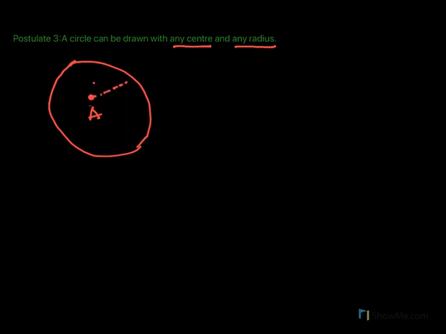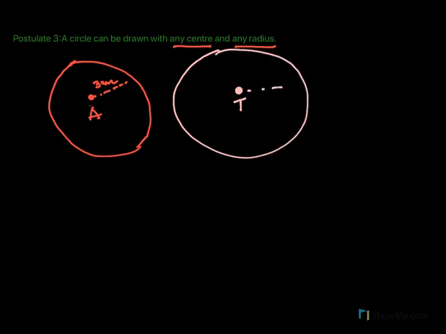Or we could draw another circle, take another center, say center T. Now we may take a little longer radius, say 5 centimeters, and we will get a bigger circle. So to draw a circle we require a center and a radius.